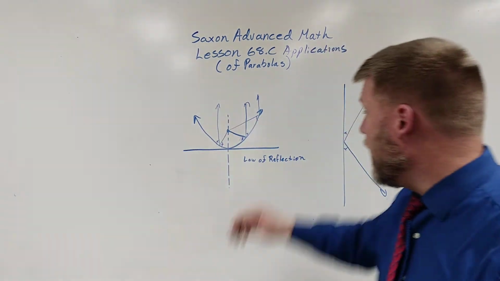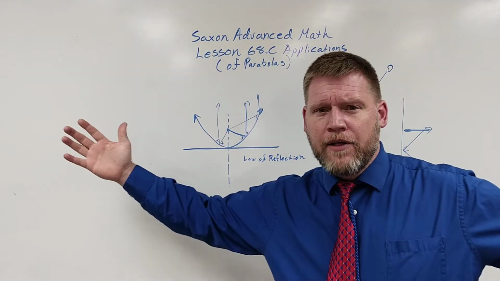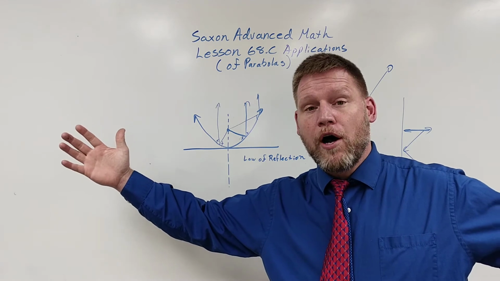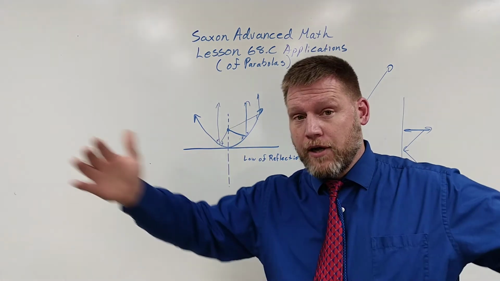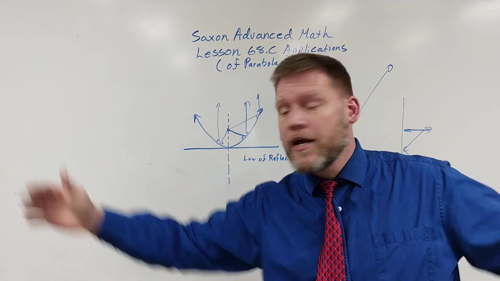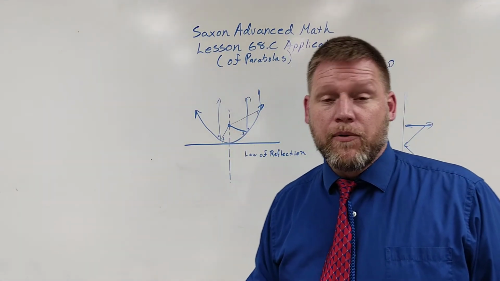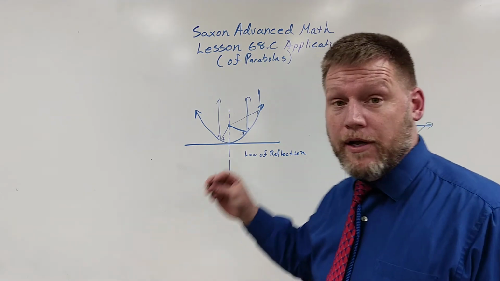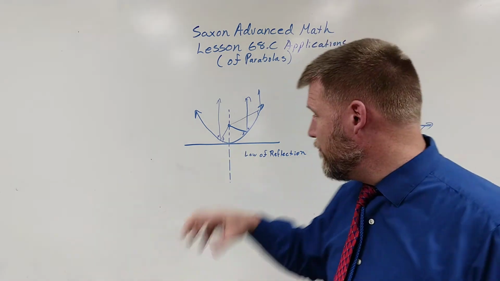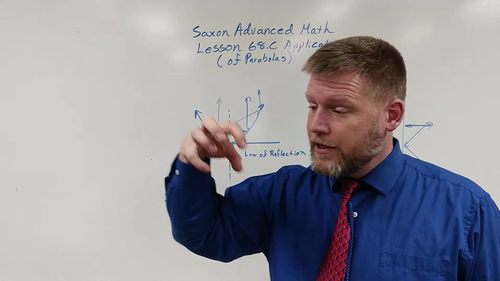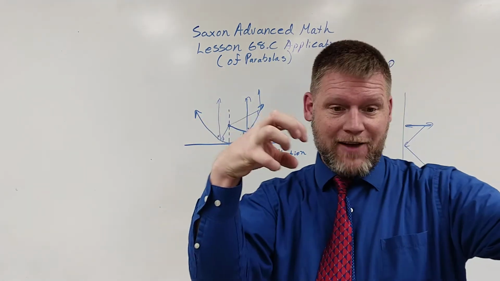It goes exactly the opposite. That means that I can take the very broad satellite waves that are coming in, they're very, very weak, and I can concentrate them all the way to, in a satellite dish, what's called an LNB. It's at that focal point, and if you look at a satellite dish, it's facing the dish.